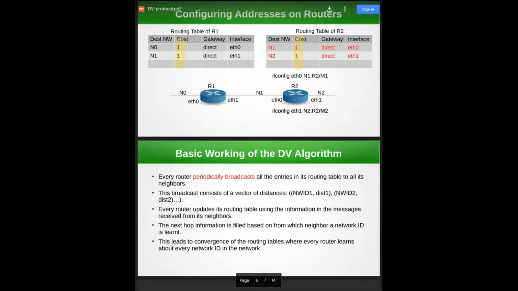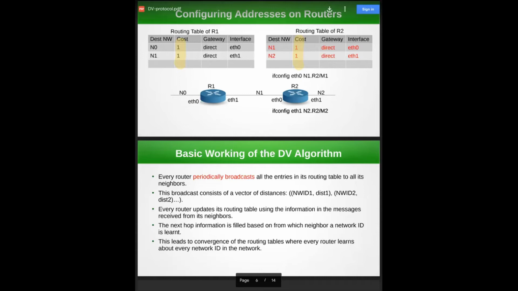This is what is called the distance, right? A directly connected network is at a cost or distance of 1 from any machine. Here we have an example of a network, which is an undirected, unweighted graph.